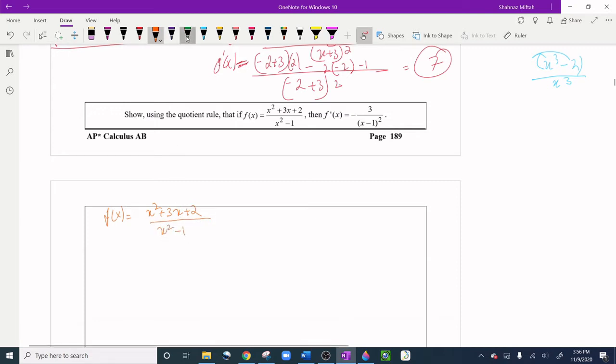And I'm applying a quotient rule. That's f and that's g. Okay, now let's start.